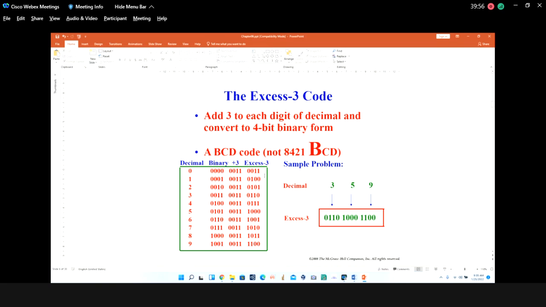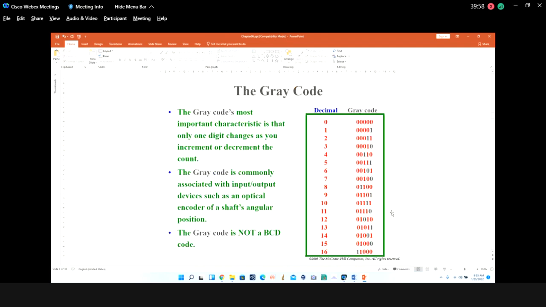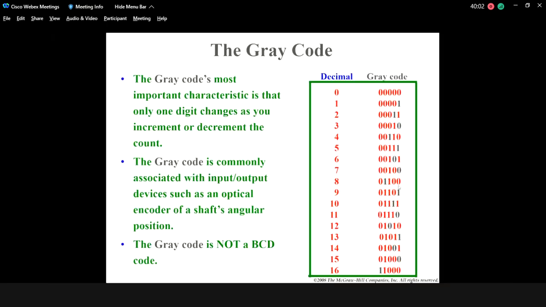So this one is the XS3 code. Okay, and then we have the Gray code. The Gray code is just to show the increment associated with the input or output of optical devices for a shaft angular position. It is not showing the real number, but just the increment.